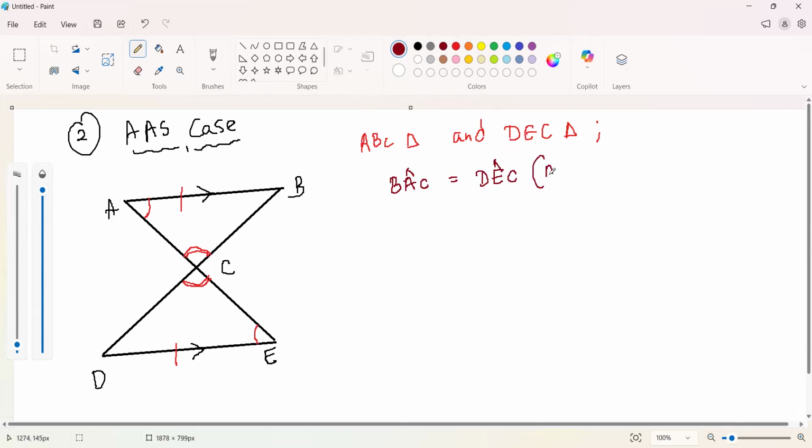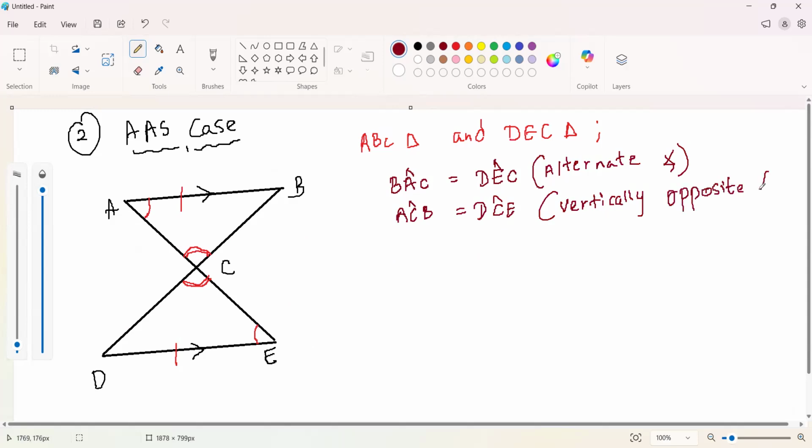Alternate angles. It's alternate angles. Second thing, in front, vertically opposite angle, what is there? ACB. If you consider the upper triangle, it's ACB. The lower one, DCE. It's called vertically opposite angles.